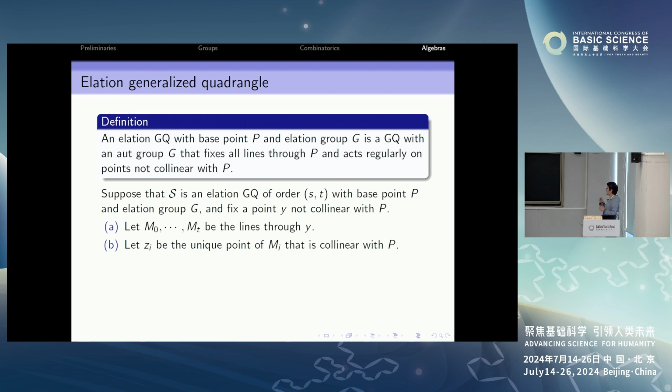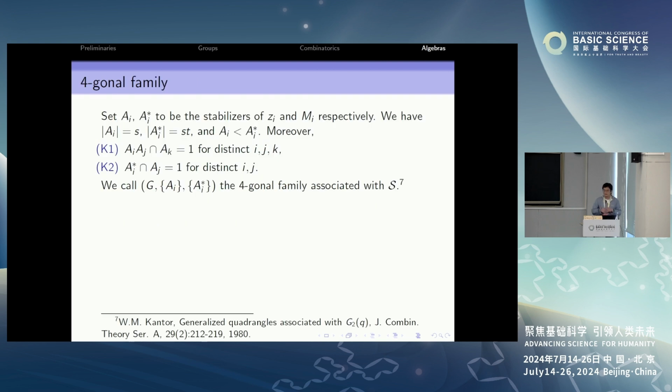Okay, we choose some points and lines and define A_i and A_i star as their stabilizers in the automorphism group. Then we will have these two conditions, K1 and K2.